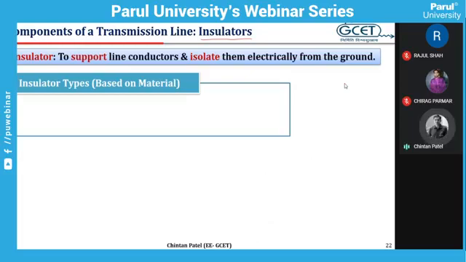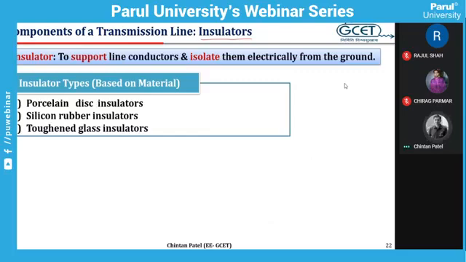There are types of insulators based on the material used for the design. So it is porcelain, silicon rubber, and toughened glass insulator. So based on material, there are 3 types of insulators: porcelain or ceramic, silicon rubber insulators, also known as composite insulators, and toughened glass insulators.